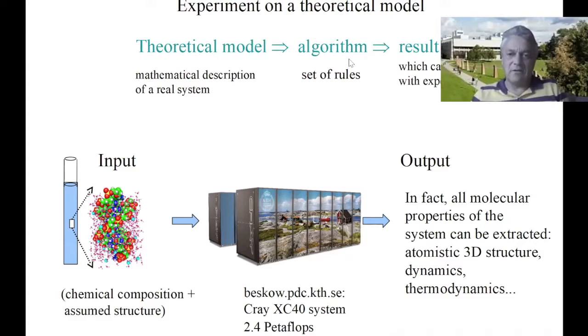Then we have an algorithm, we apply a certain set of rules to this theoretical model and get the result. In computer simulation, we use physical laws of nature to evolve the system, and we use a supercomputer. This is one of the supercomputers, PDC, which we are using for our simulations. And in the end, we get results. The results can be compared either with experiment or with some analytical theory. In fact, we can get all molecular properties of the studied system atomistically: the structure, dynamics, and so on.